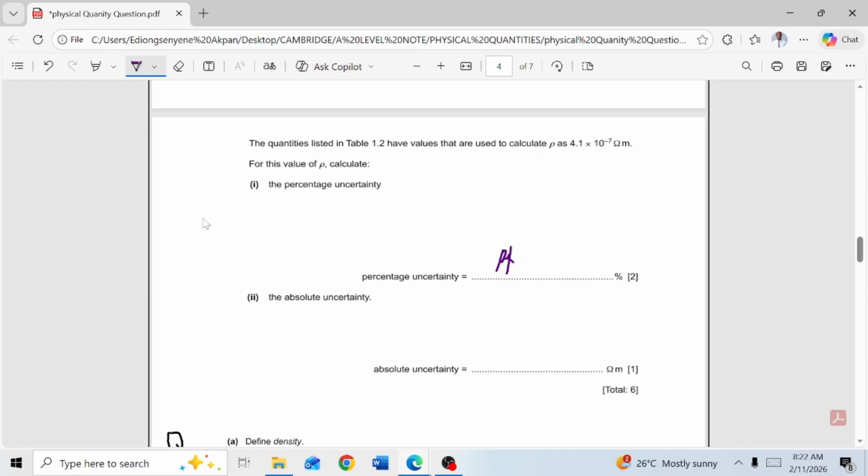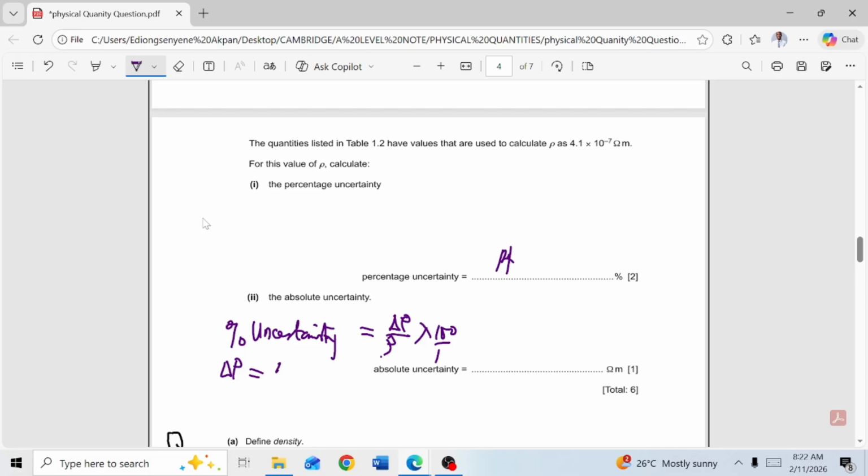Let's get to the next one, absolute uncertainty. We have a formula for percentage uncertainty that leads to absolute uncertainty. Percentage uncertainty is simply absolute uncertainty over that of the density times 100 over 1. So if we have this as 14, the absolute uncertainty equals the percentage uncertainty times the value.